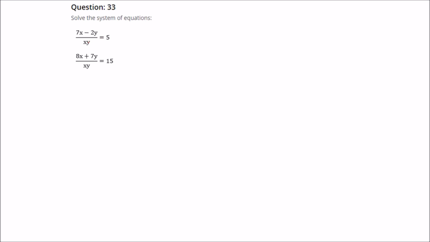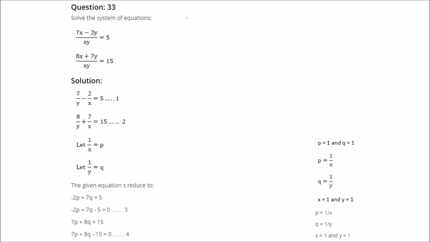Next is 7x minus 2y by xy and 8x plus 7y by xy. Now what we can do here is divide xy with both of these. See, 7x by xy, x gets cancelled, it will be 7 by y, minus, y gets cancelled, 2 by x equal to 5. See, this is the first equation.